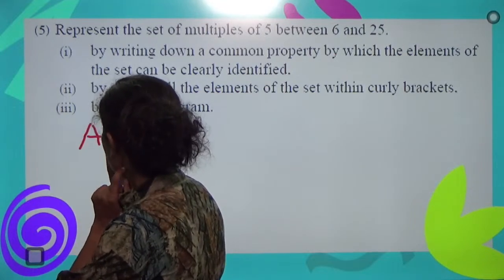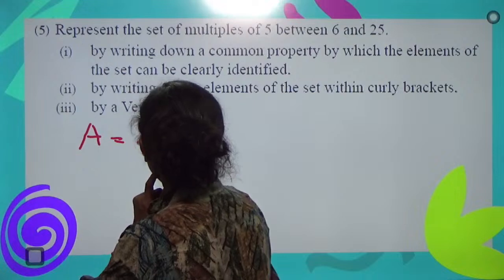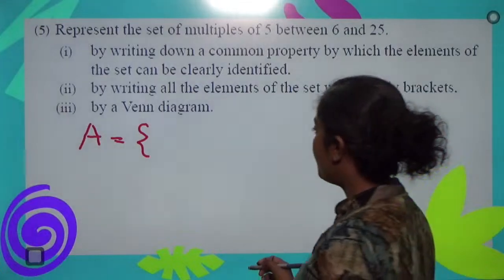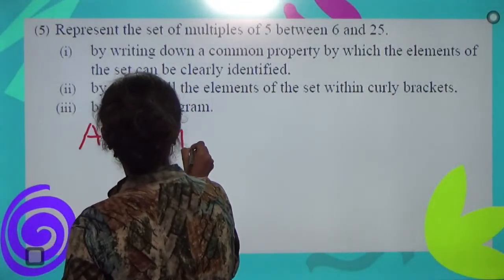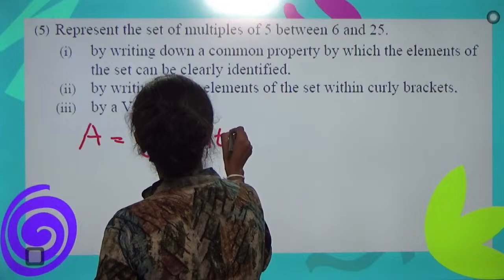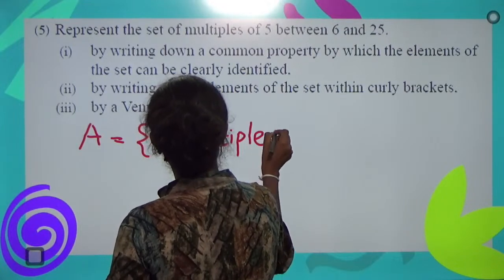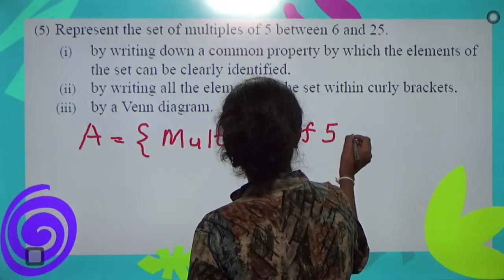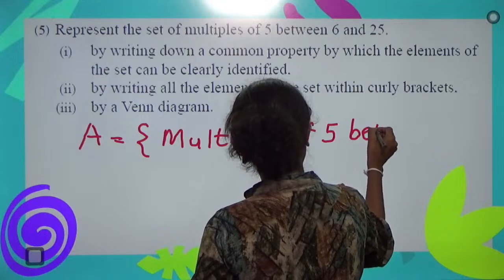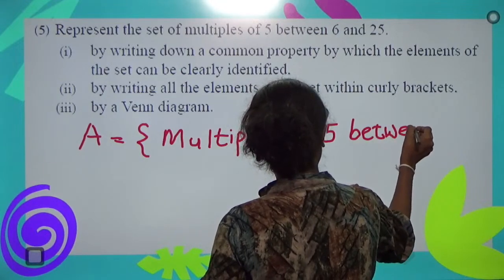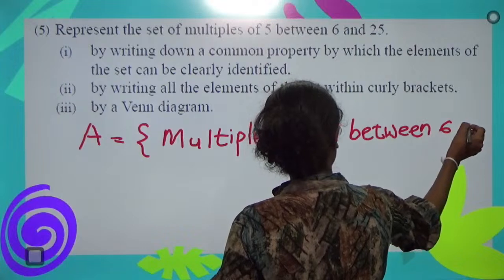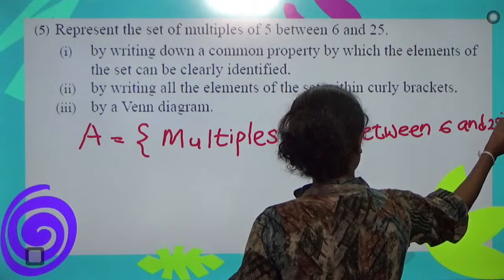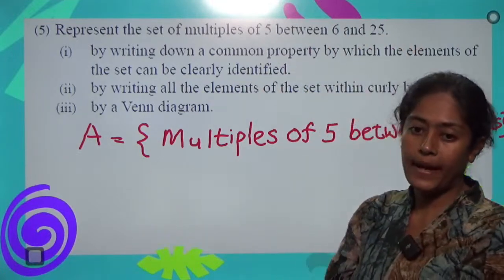Set A is equal, I can write multiples of 5 between 6 and 25. So, you have to close the brackets.